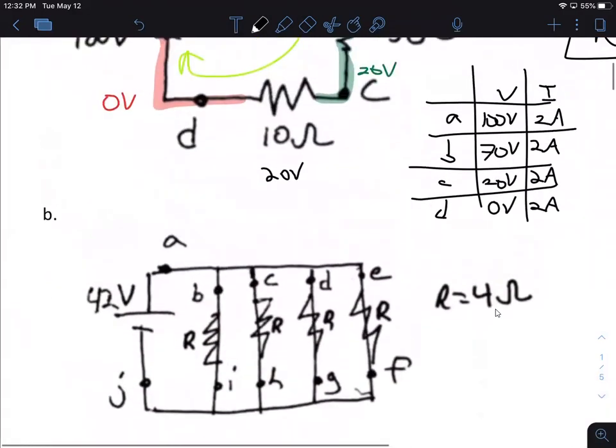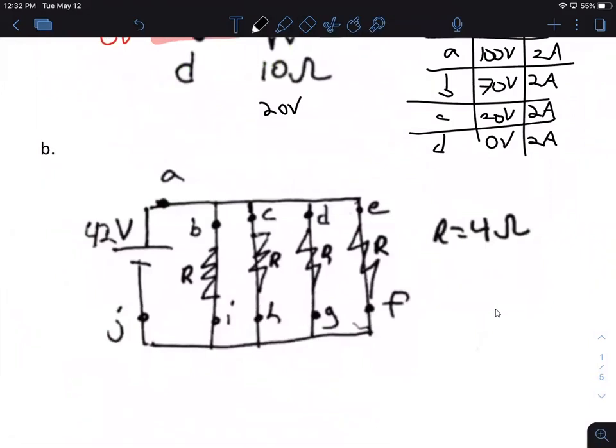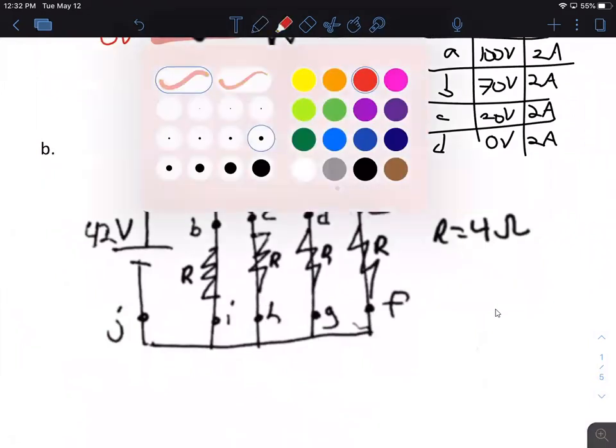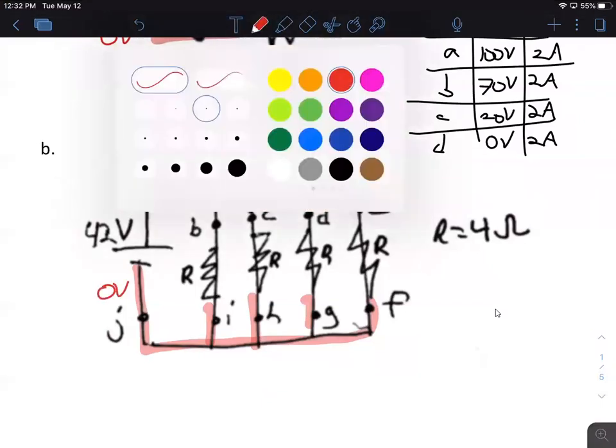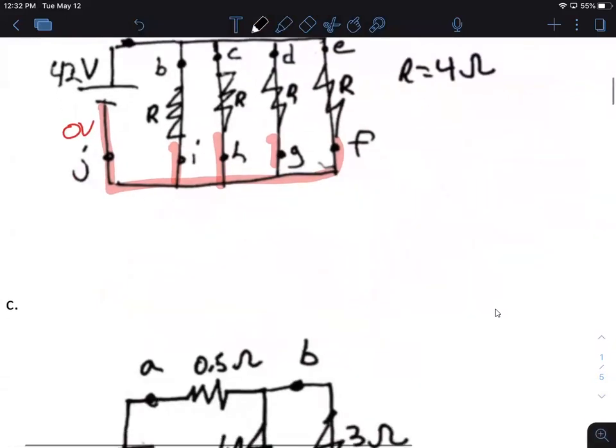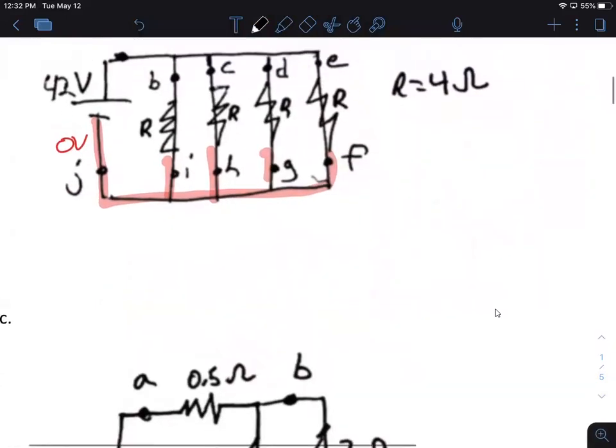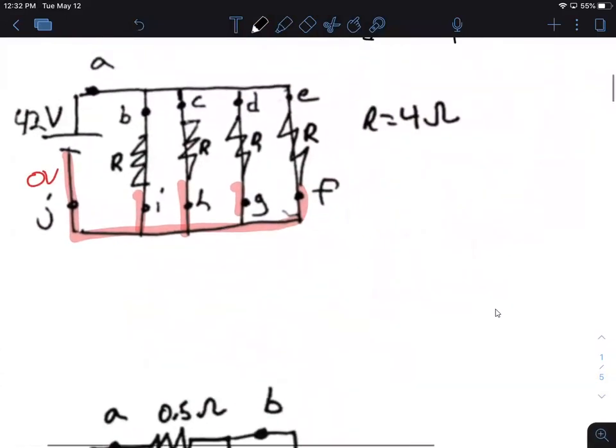All right, here we have a parallel circuit. So for the battery, the negative terminal is 0. So I can see immediately, if I wanted to, let's just make that table. We have A, B, C, D, E, F, G. Oh boy. I'm just going to write it out.